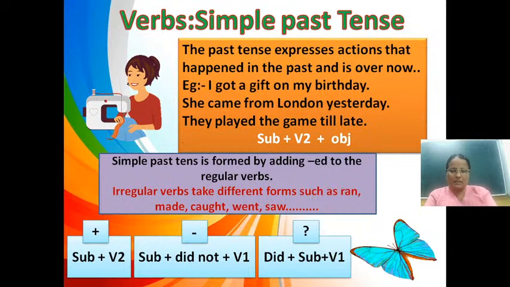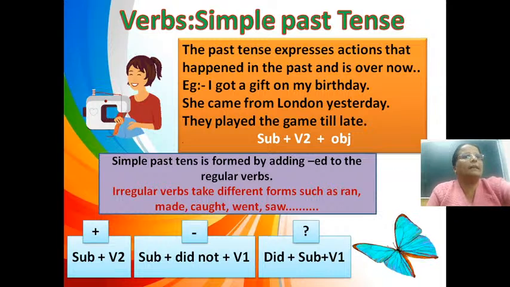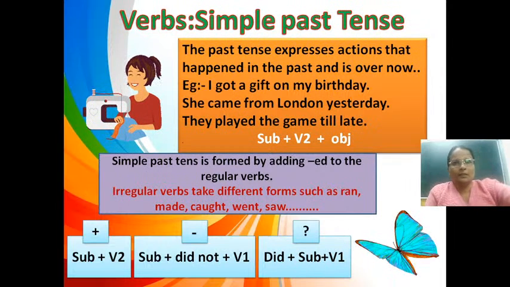How can the simple past tense form of the verb be made? With most of the subjects, most of the verbs, what we do is we just add ed. For example, play, played, jump, jumped. There are a lot of examples for us.